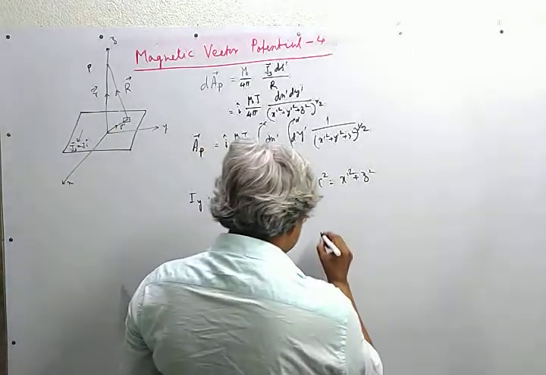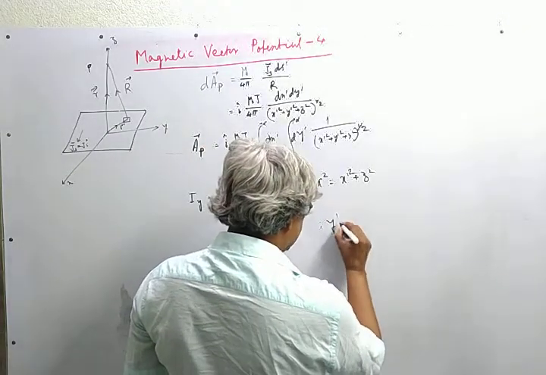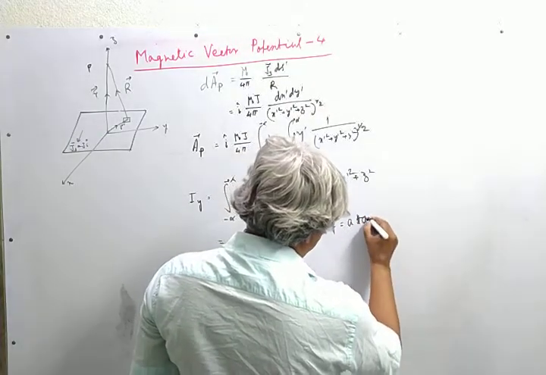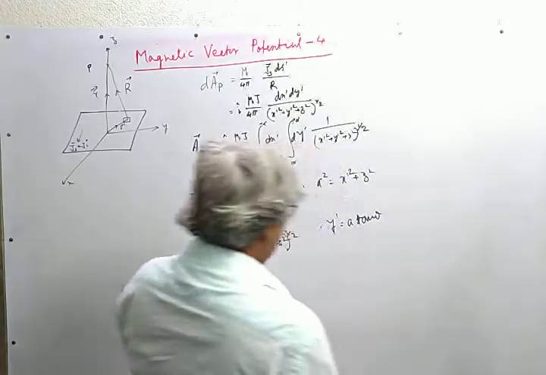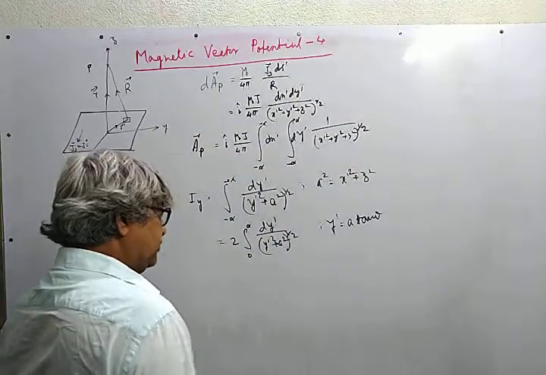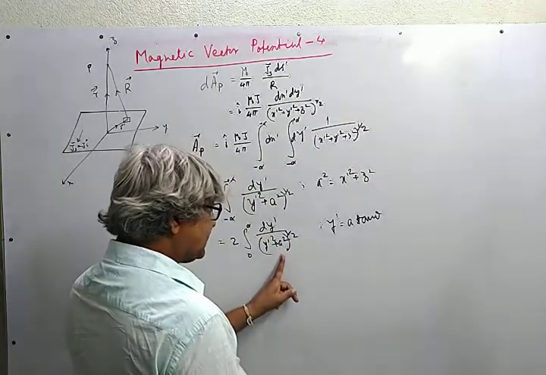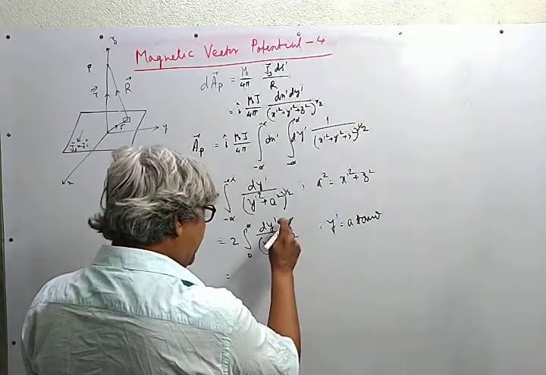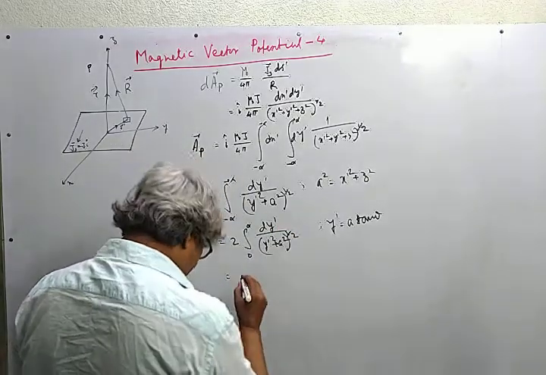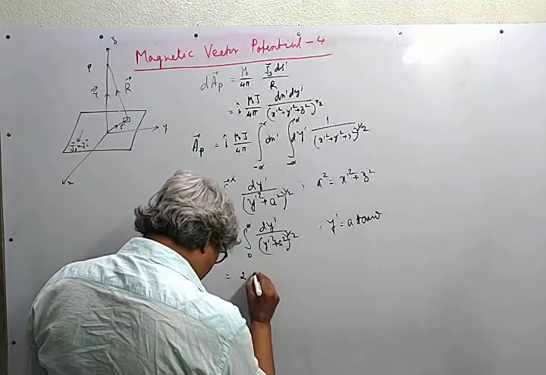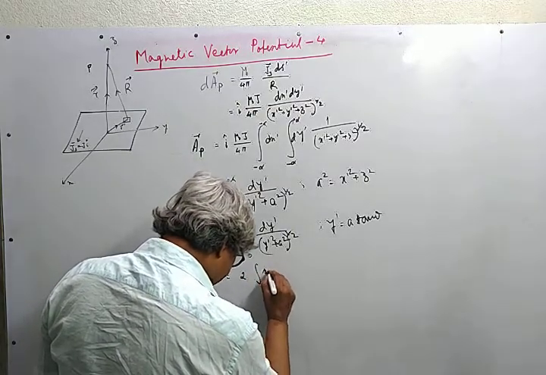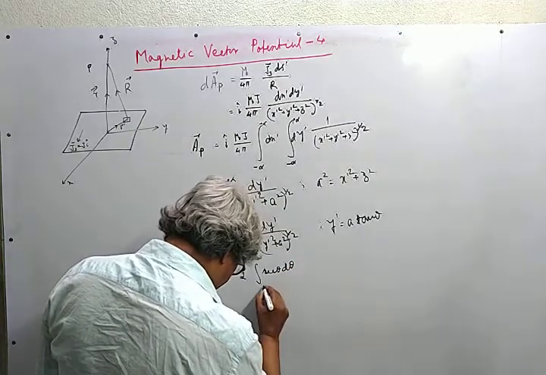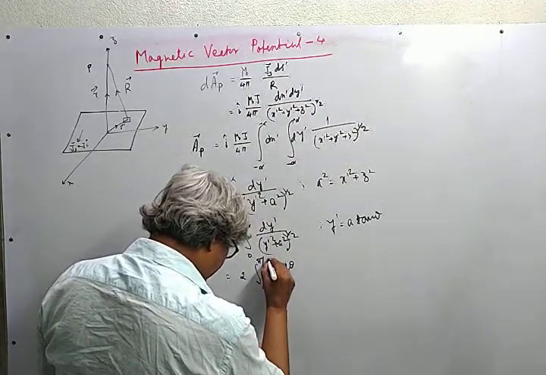Now we use a substitution to evaluate this. We use the substitution y prime is equal to a tan theta. Then the root is a sec theta, and in the numerator we will have a sec square theta. So the result is 2 times the integral of sec theta d theta from 0 to pi by 2.